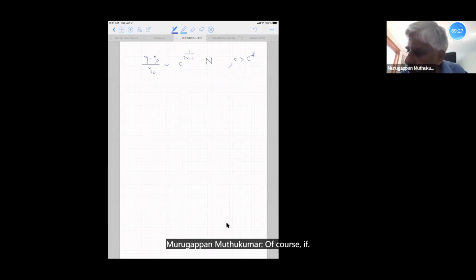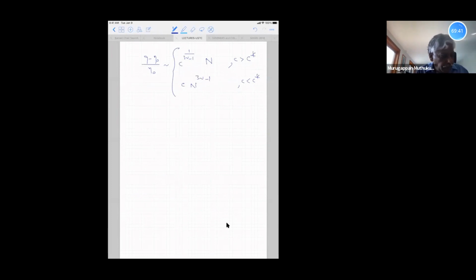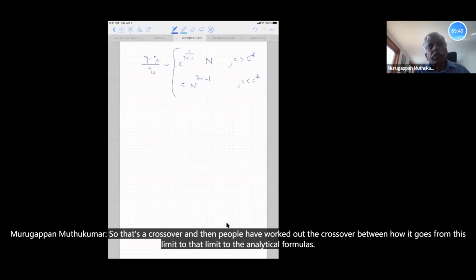Of course, if C is less than C star, we know that result. That's the dilute solution limit, the Zimm limit, where it will go like C, and we know that it goes like N power 3 nu minus 1. So that's a crossover. And then people have worked out the crossover, how it goes from this limit to that limit, with analytical formulas.